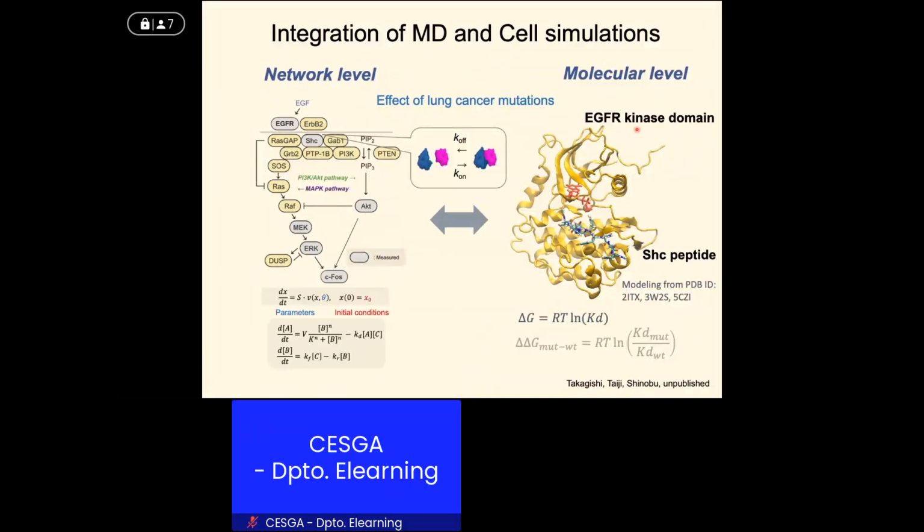And for the EGFR kinase itself, we can estimate the free energy changes before and after binding of EGFR kinase and the SRC peptide. Unfortunately, we couldn't find a full-length SRC protein structure when we started this project, but maybe we can use the structure from AlphaFold now. That is what we are thinking right now.